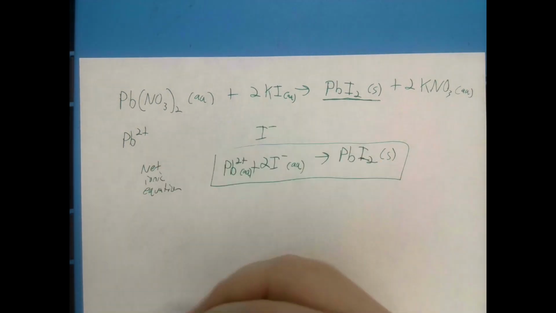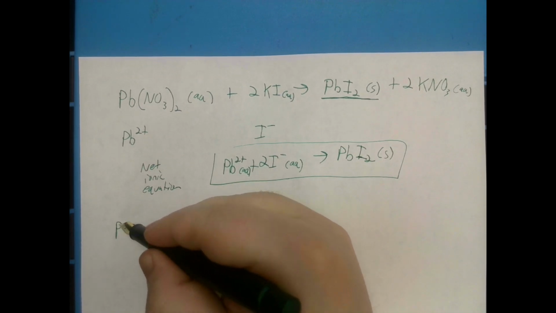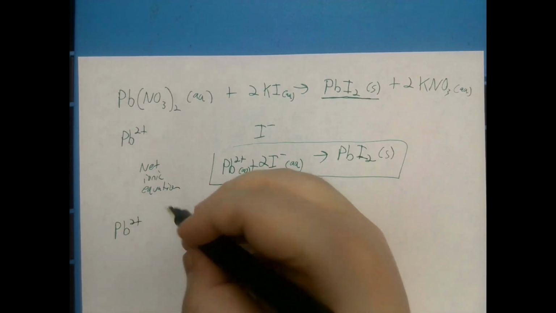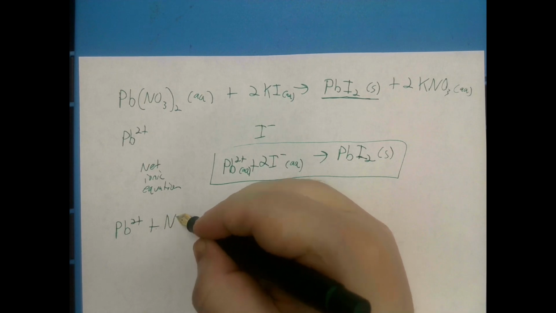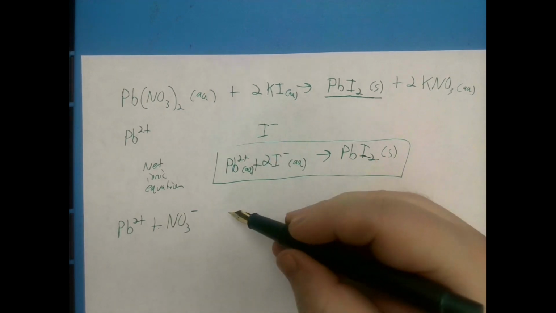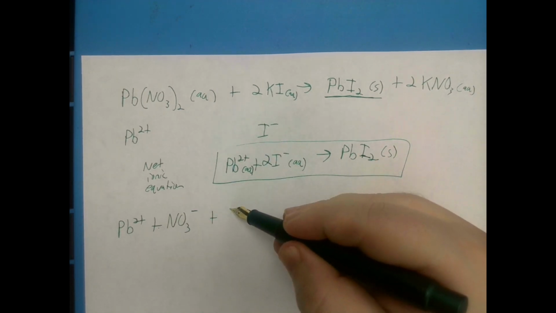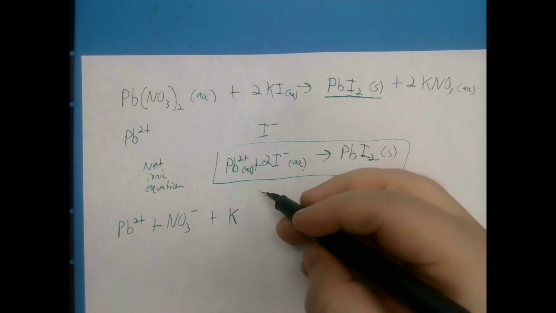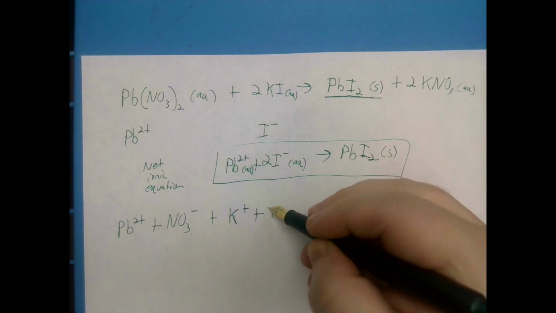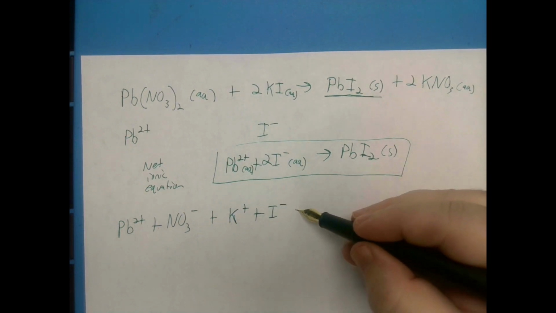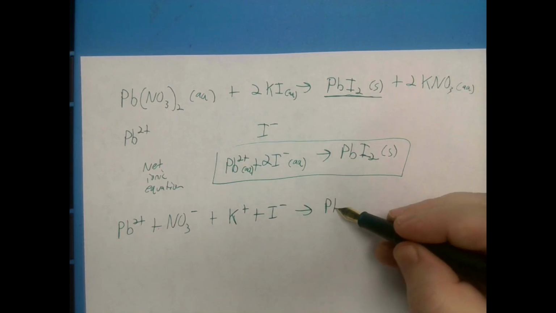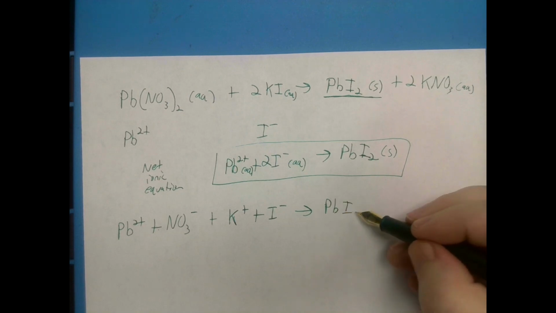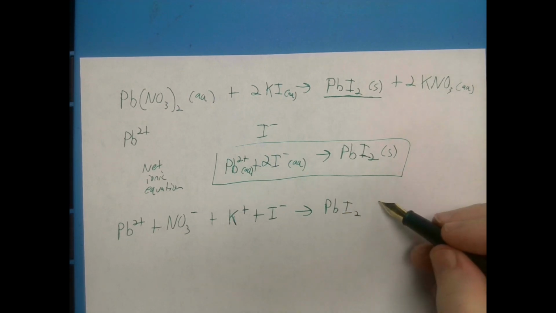Another way is to just break this whole equation up into ions, and then eliminate the ones that appear on both sides. This doesn't form ions because it's a solid.